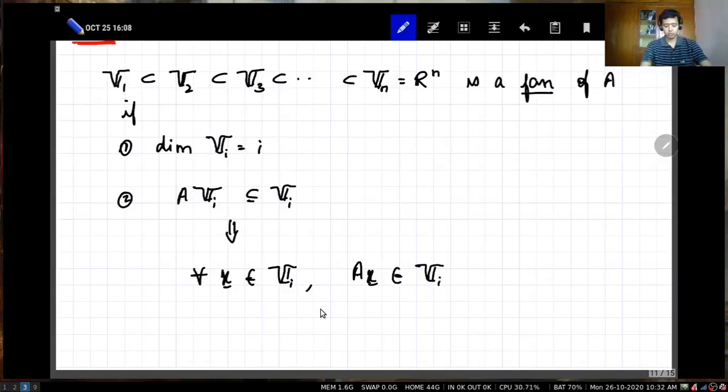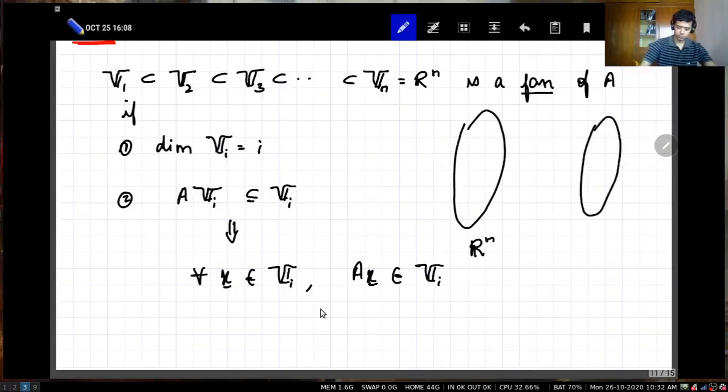So the linear transformation cannot take a point from within the subspace to a point outside it. So effectively we have Rn, right. So you have the linear transformation taking Rn to Rn, and you have the sequence of subspaces.